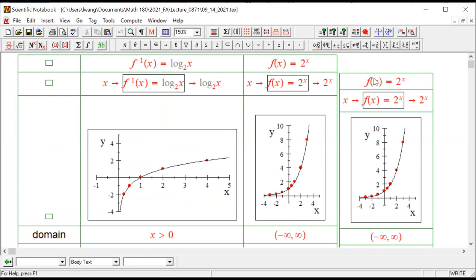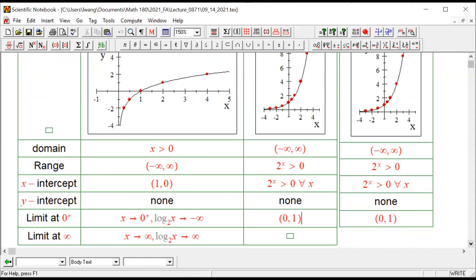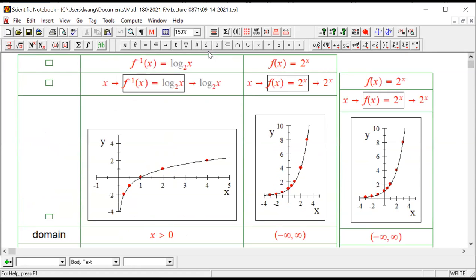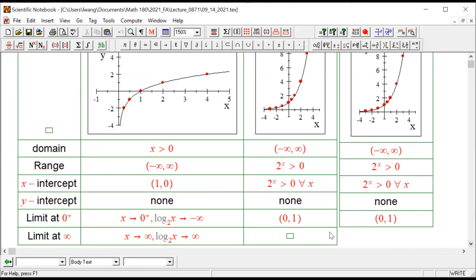We compare the graph, we compare the rule, right? And we also know they are inverse functions of each other, don't we? Oh, we have that one sentence.